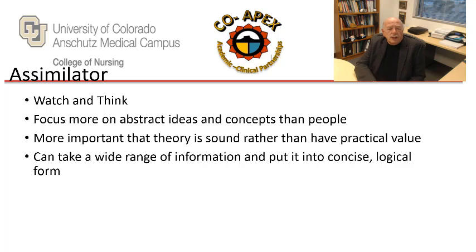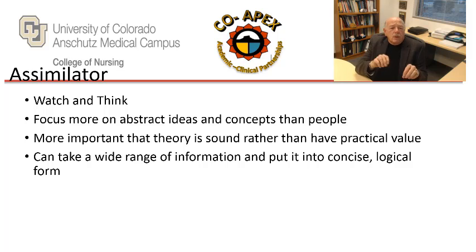The next type of learner is the assimilator. This is someone who watches and thinks while they're watching. So you can almost see these people's heads kind of churning the little gears and putting things together. They really focus more on the abstract ideas and concepts than on people and what people are doing. So it's more important for them that the theory is sound rather than having any practical value of what the task is.